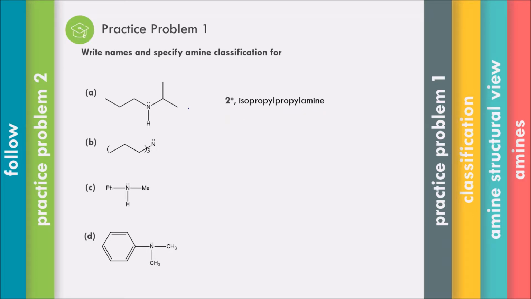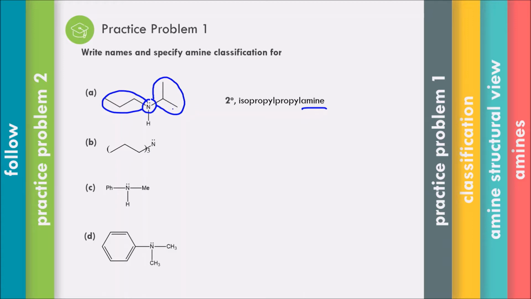And again, this is just one of the possibilities because we know there are at least 2 other ways of naming this compound. Now, first of all, we know this is the nitrogen, which makes this group amine. Also, we got 2 substituents. We got propyl, and we got this substituent over here, which we refer to as isopropyl. That's a common name.